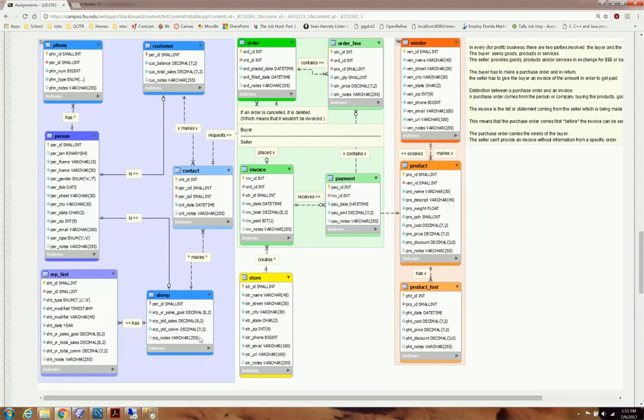But if I have a chance here in the videos, I'll do the same thing again. But again, you can create the ERD if you'd like, and I encourage you to do so. But to get the credit for the assignment, you must do it inside of SQL Server. And the reason why I want you to do that is so you get experience creating ERDs inside of SQL Server.